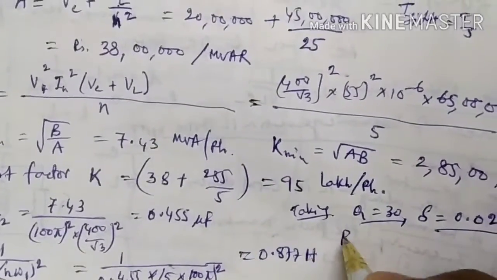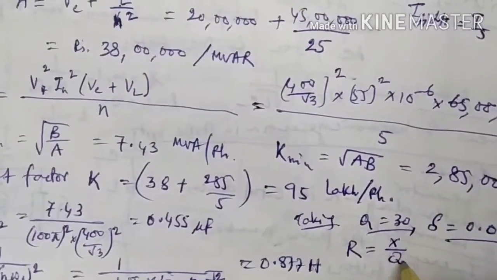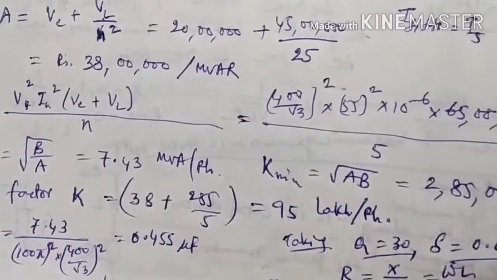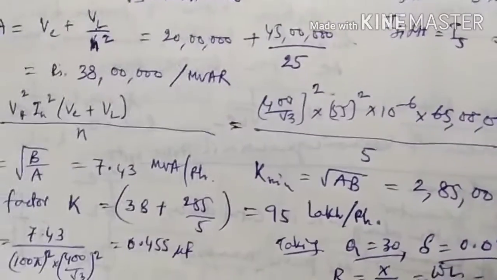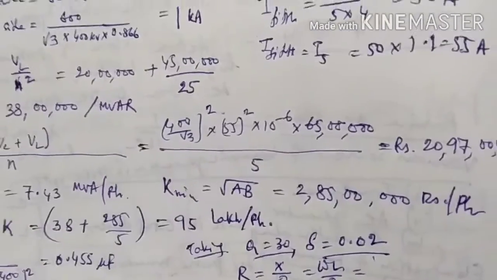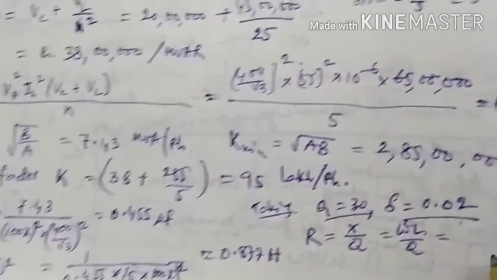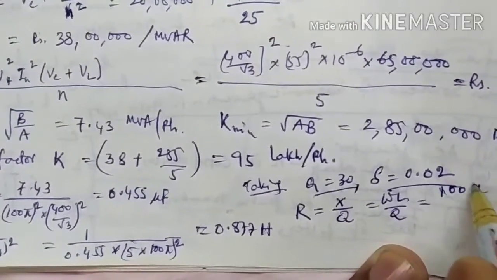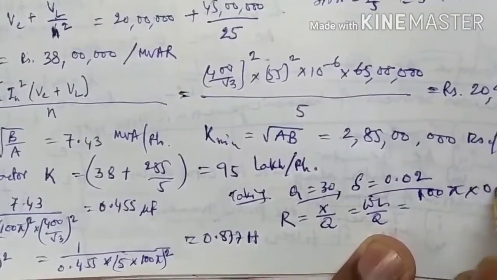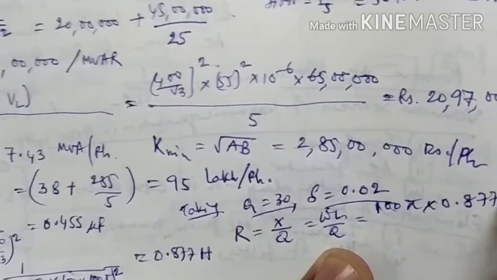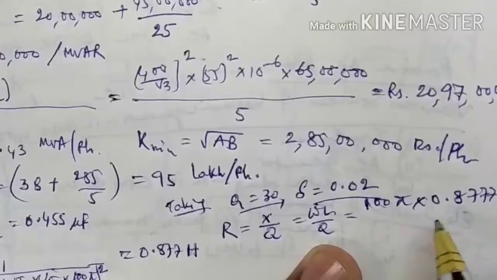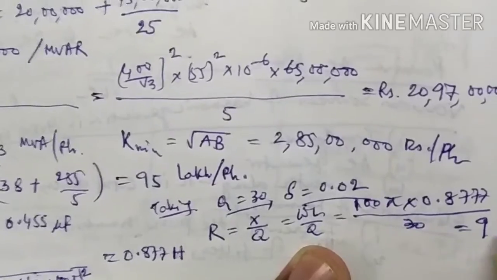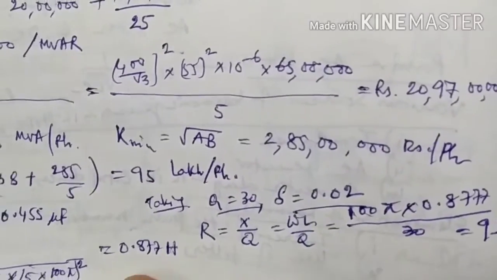So R will be X by Q, X equal to omega L, so that is omega, that is 100 pi into 0.8777 divided by Q, that is 30. So that will be equal to 9 pi, R equal to 9 ohm.